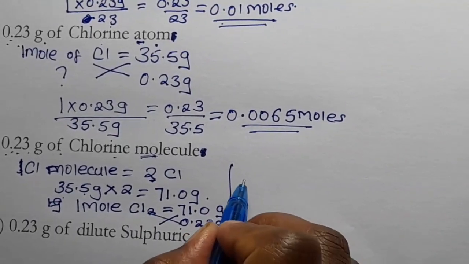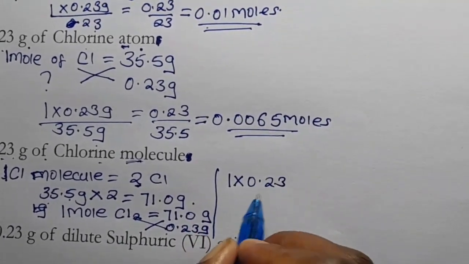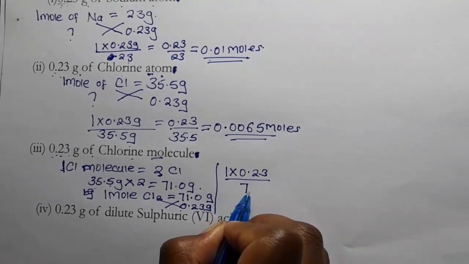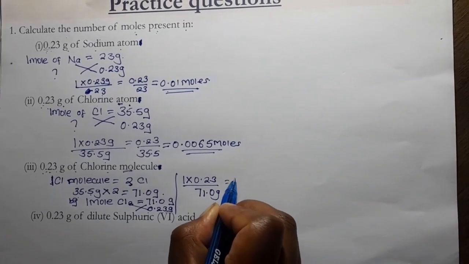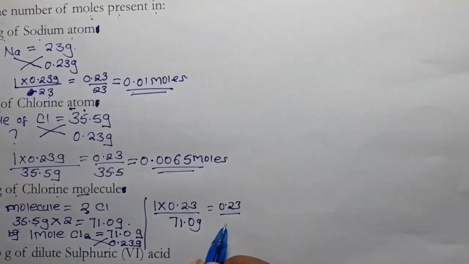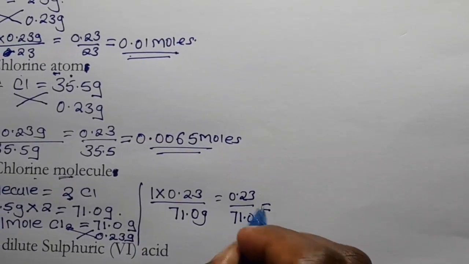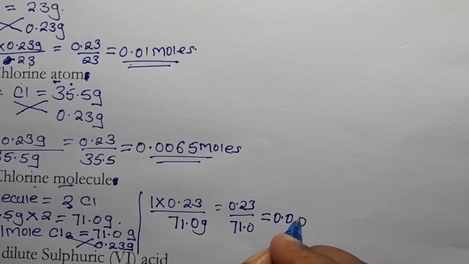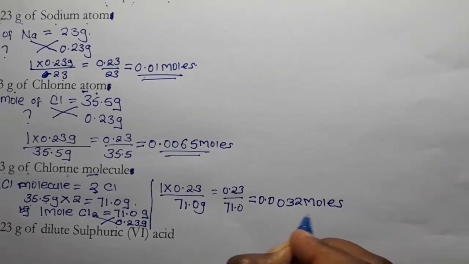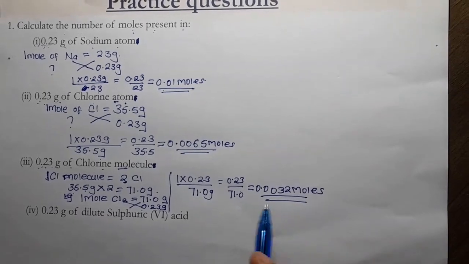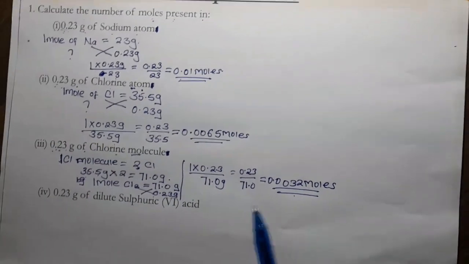So this one will be 1 multiplied by 0.23, then we divide by 71.0 grams. So this is 0.23 divided by 71.0, which should give us 0.0032 moles. So that is the difference between the chlorine molecule and the chlorine atom.